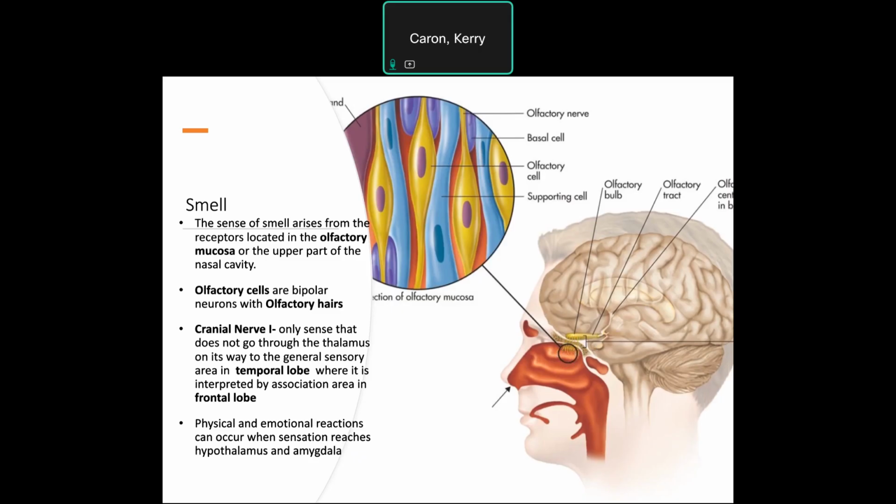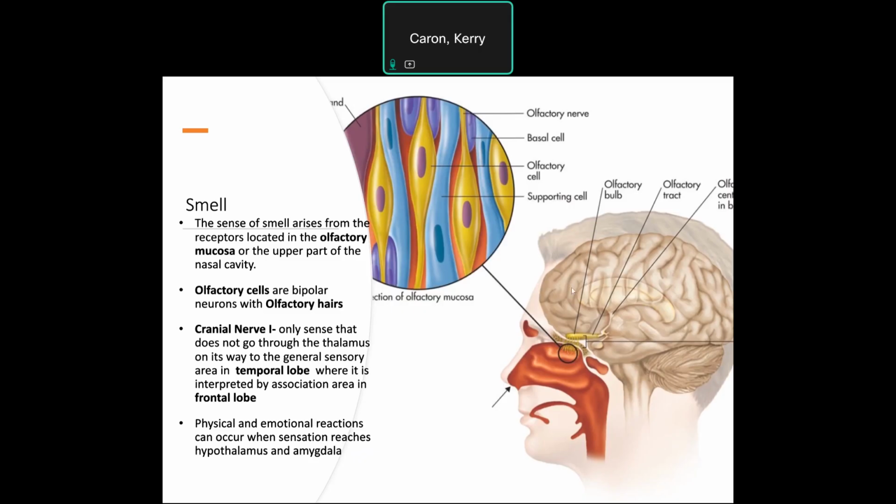And this is the only sense that does not go through the thalamus on its way to the sensory area. The sensory area is in the temporal lobe. And then it gets interpreted, so the temporal lobe on the side, and then it gets interpreted through the front of the brain, the frontal lobe.